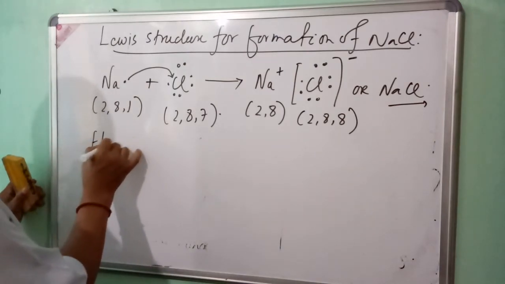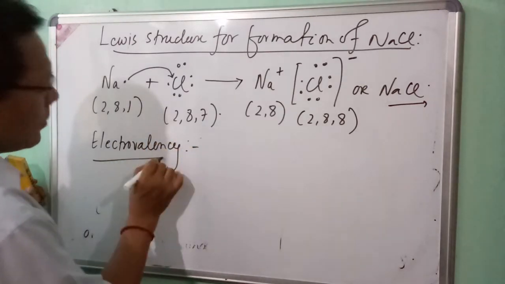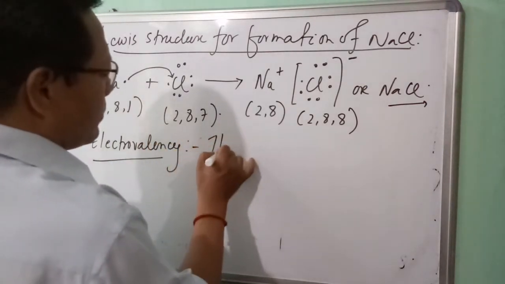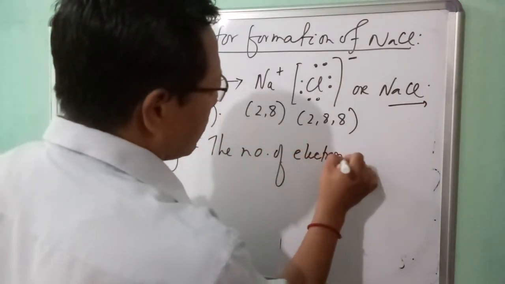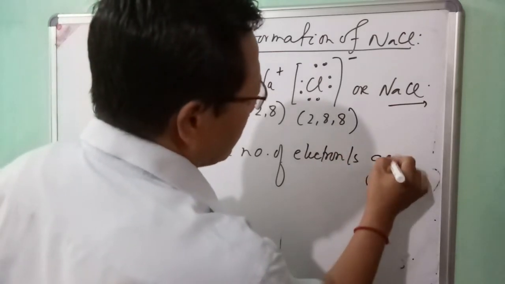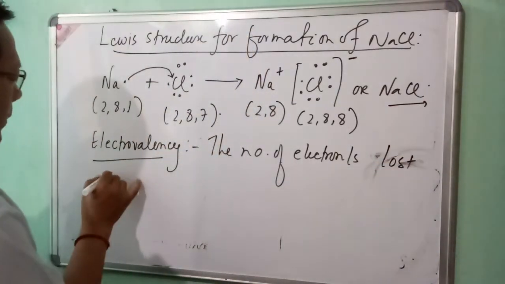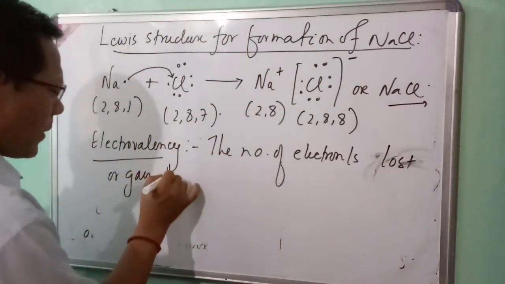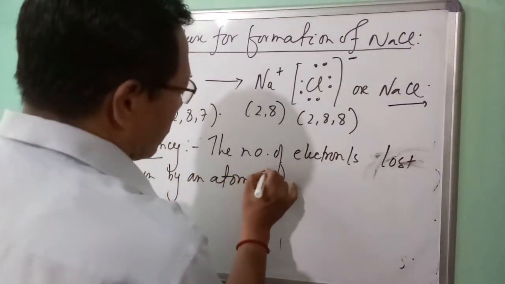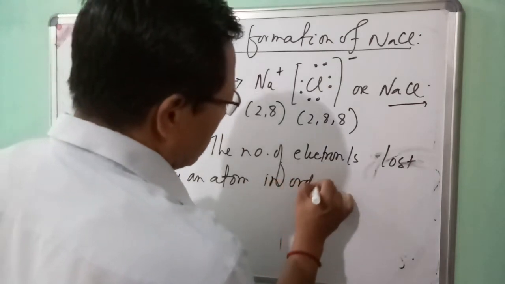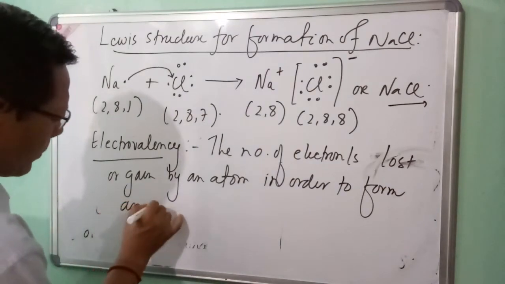Electrovalency is the number of electrons lost or gained by an atom in order to form an ionic bond.